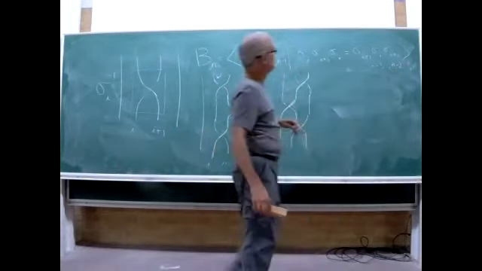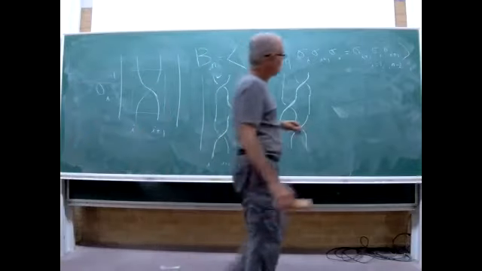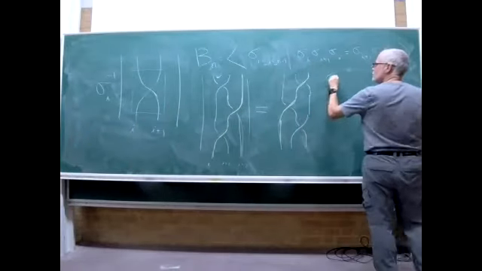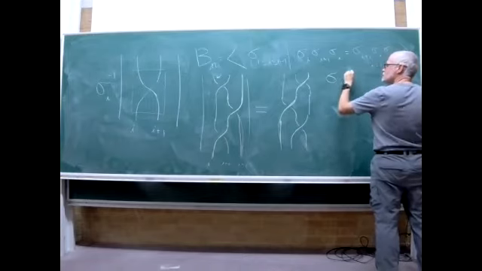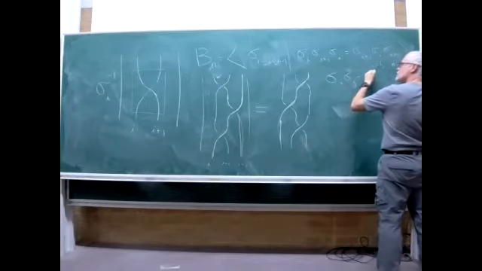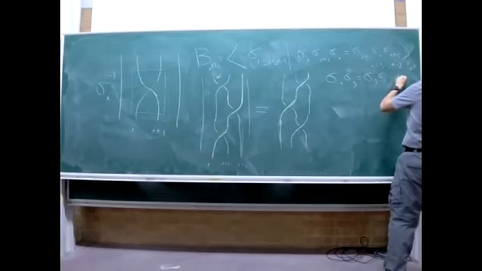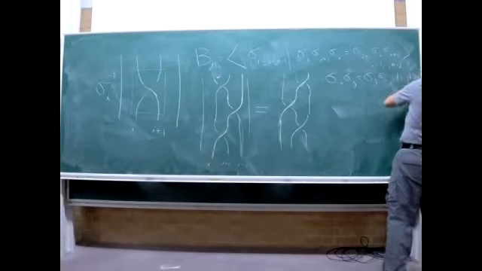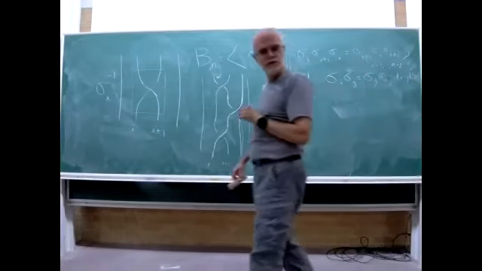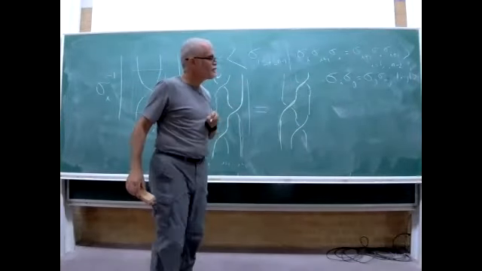But that is not it for Bn. There is another type of relation, and that's the commutation relation, which says that sigma I, sigma j is equal to sigma j, sigma I, as long as the absolute value of I minus j is bigger than 1.